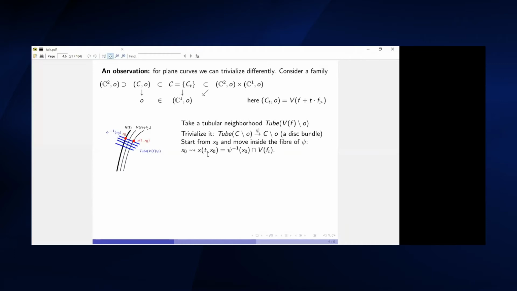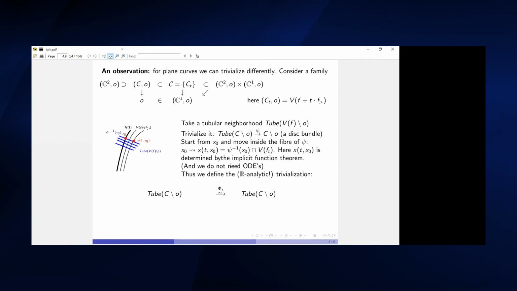This point is defined as the intersection of the fiber of the tubular neighborhood with the member of our family at the time t. Now, what is important is that this function, these coordinates as a function of t and x0, is determined by the implicit function theorem. And we don't need here any ODEs, just the implicit function theorem.